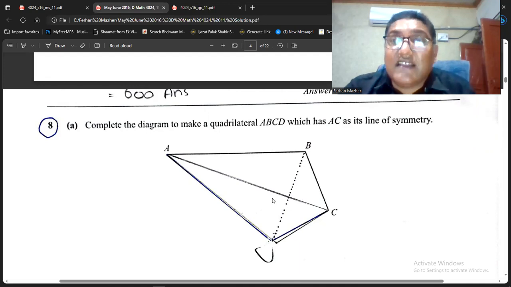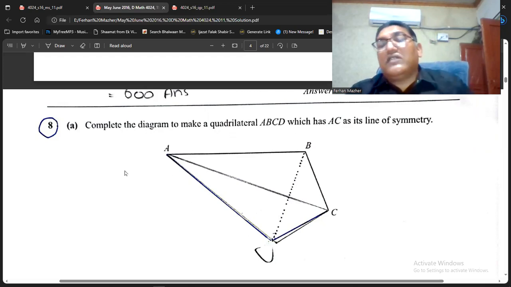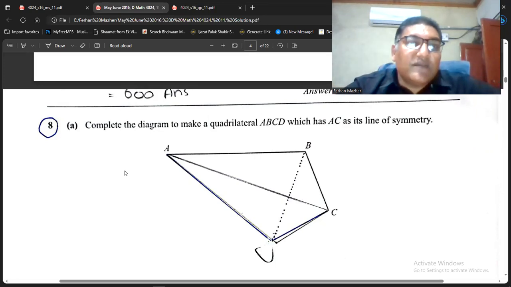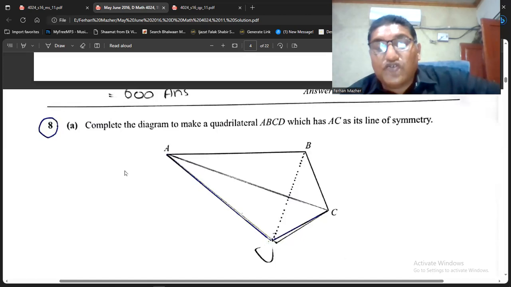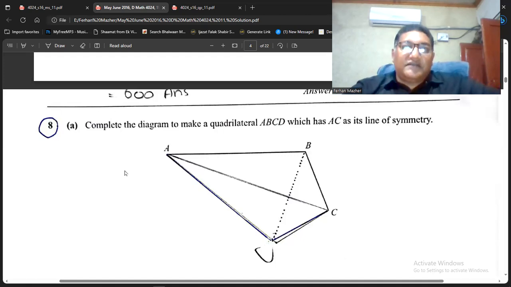This is exactly like a reflection. So this point is the D point. I will join A with this, and I will join C with this. So ABCD is the quadrilateral in which AC is the line of symmetry. I hope you understand. I have taken AC as the line of symmetry. It acts like a line of reflection, and the process of the reflection is done.